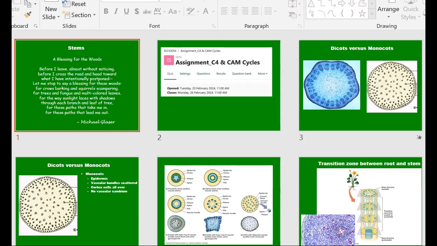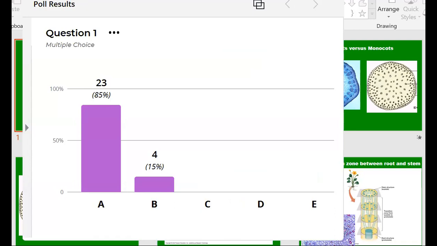Have we all chimed in? Okay. Can you see the bar graph? Yeah, it's freaking out on me again.